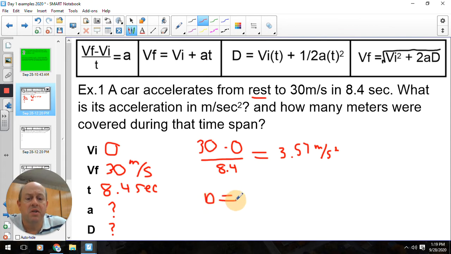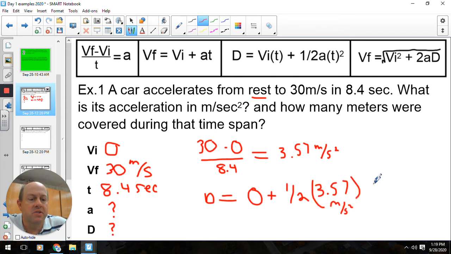So distance, VI was 0, so that means 0 plus 1/2, and then our acceleration that we solved for in the previous part, 3.57 meters per second squared, and then that will allow us to solve for T squared. We know T is 8.4 seconds, so that is squared.